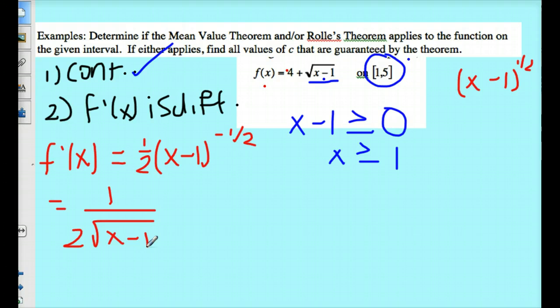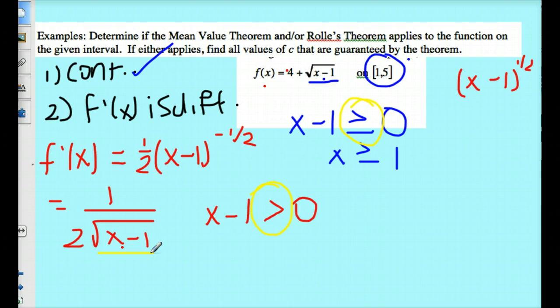Once again, I notice I have another square root. This time I have to make sure x minus 1 is greater than 0. How come in this problem I used greater than or equal to, but in this one I used greater than? Think about where the square root is. Since the square root is in the bottom, we know that our denominator can never equal 0.